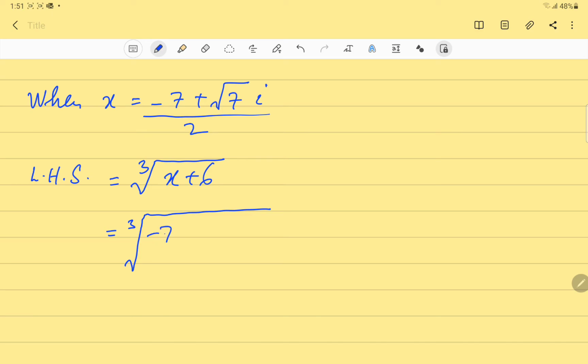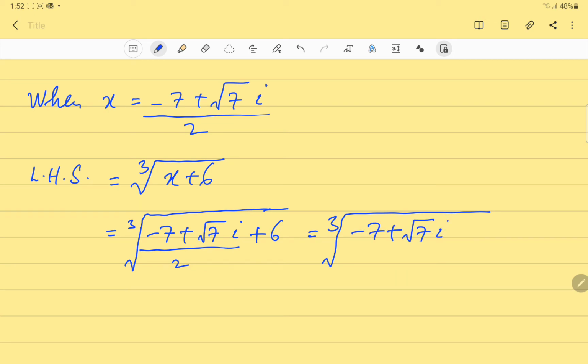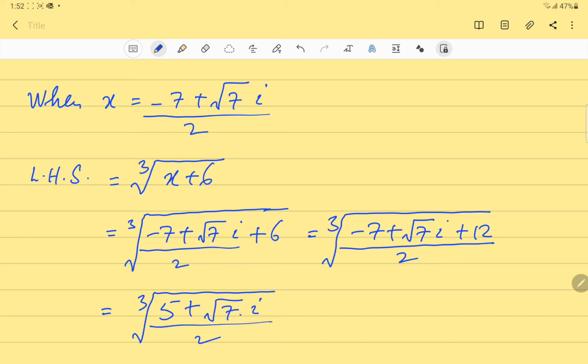Our x here is minus 7 plus square root of 7 iota over 2, plus 6, is equal to cube root of minus 7 plus square root of 7 iota plus 12 over 2, equal to cube root of 5 plus square root of 7 iota over 2.